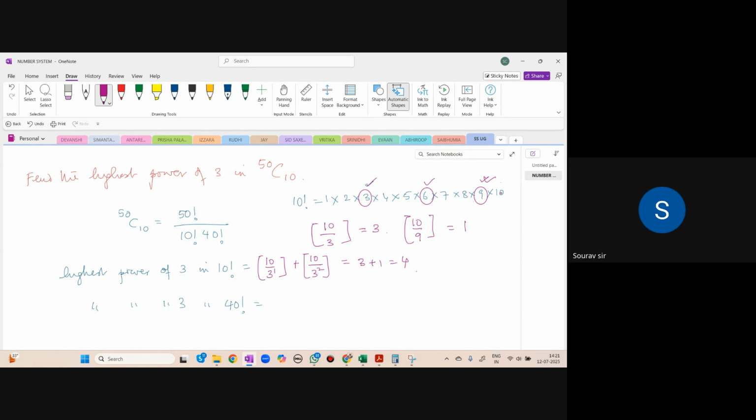So similarly, how many 3's will be there in factorial 40? 40 by 3, take the integer part, plus 40 by 9, take the integer part, plus 40 by 27, take the integer part.